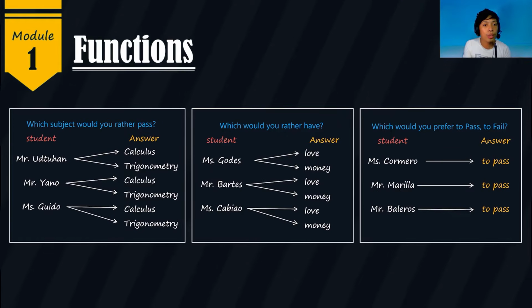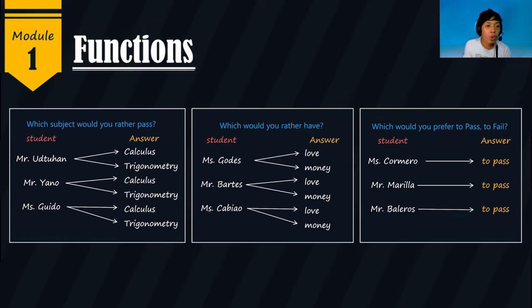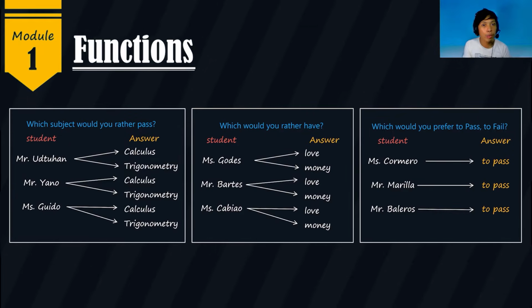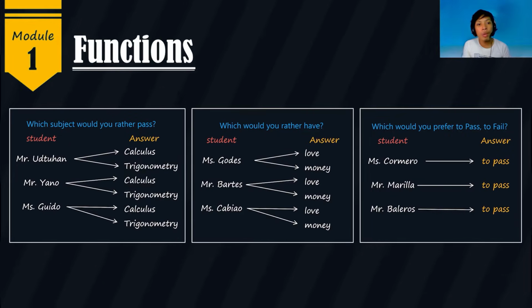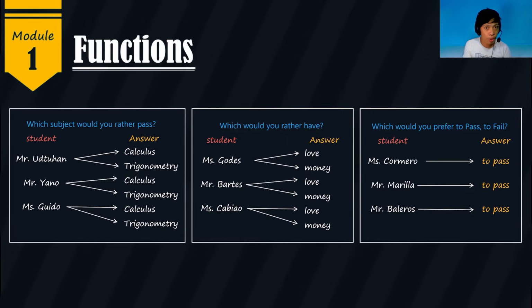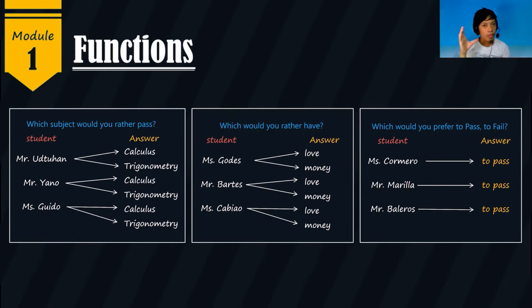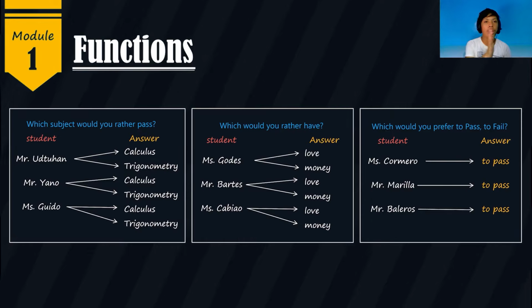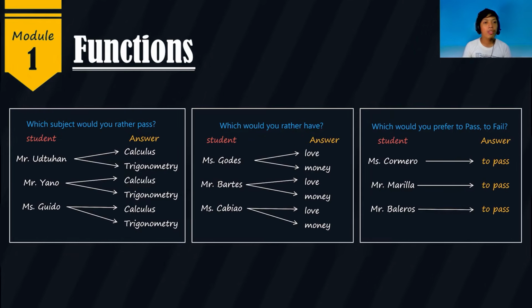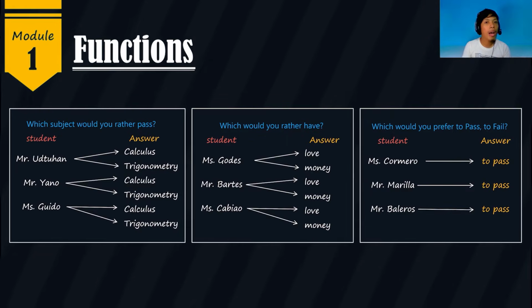That is, Miss Cormero only wants to pass her subjects. The same with Mr. Marilia and Mr. Baleros. So each student corresponds to a single output. Their answer is to pass.